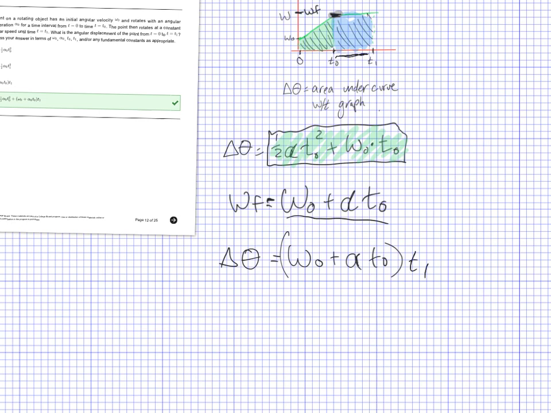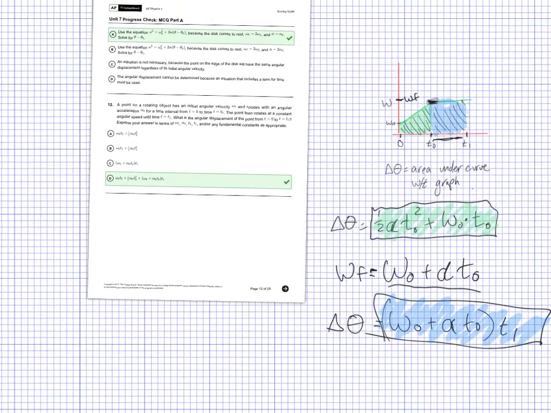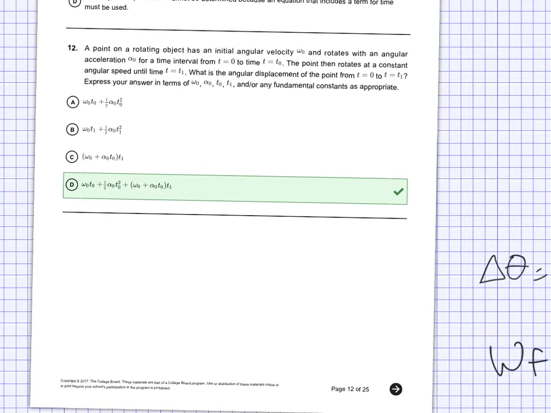So that's your second value of displacement. If you add those two together, the blue square and the green trapezoid, that would be your full expression, and that's what you see in the answers for part D.